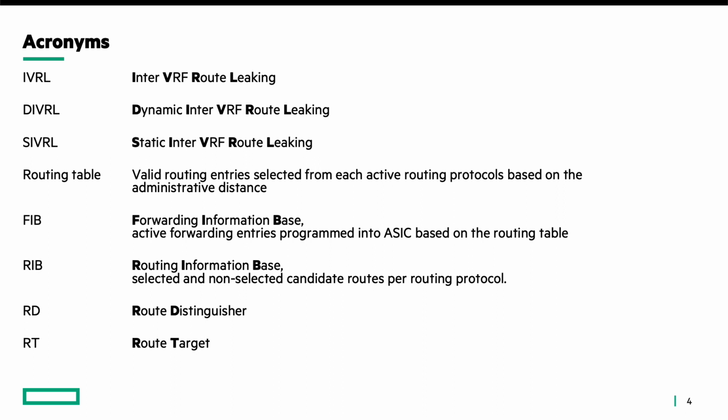Then we might be familiar with the routing table, the FIB, which is the forwarding information base, the routes installed in the ASIC, and the WIP, which is a representation of the tables used to select the next hop. And we will introduce the concepts of RD, route distinguisher, and RT, route target.